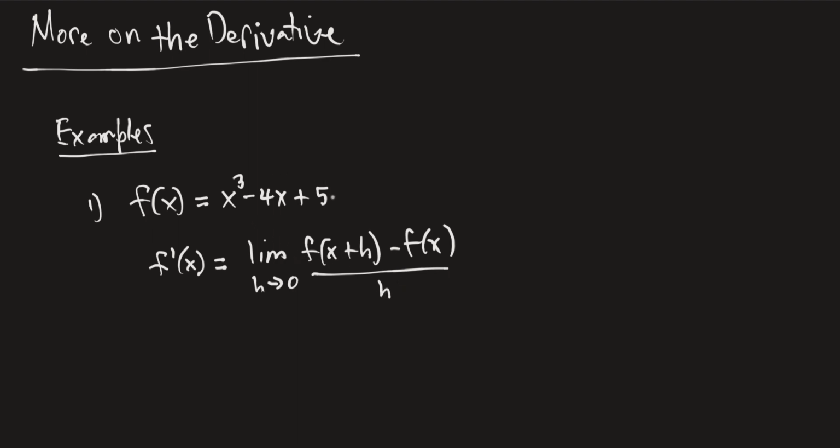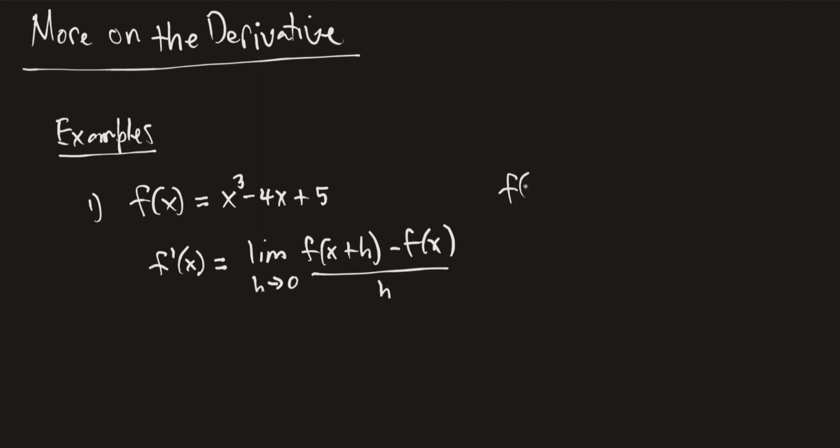Now, for this type of function, where we have a slightly larger power of x, the algebra might be a little bit more tedious, but let's see what it looks like. So let's first compute f of x plus h, and maybe it would be helpful to do that off to the side, right?